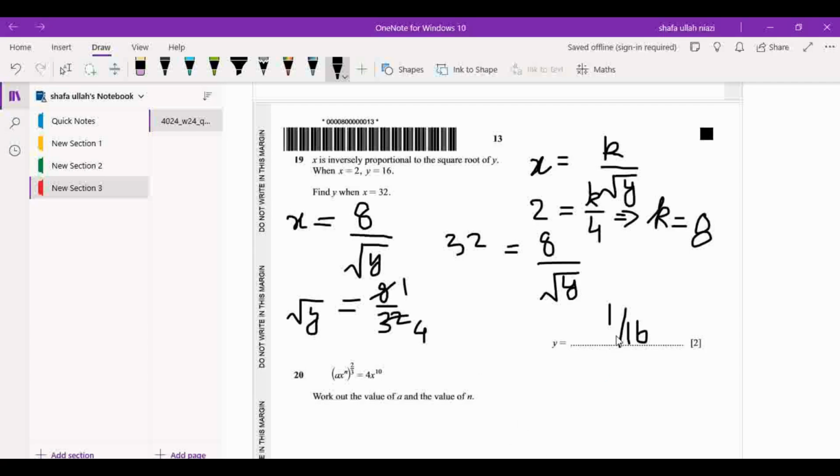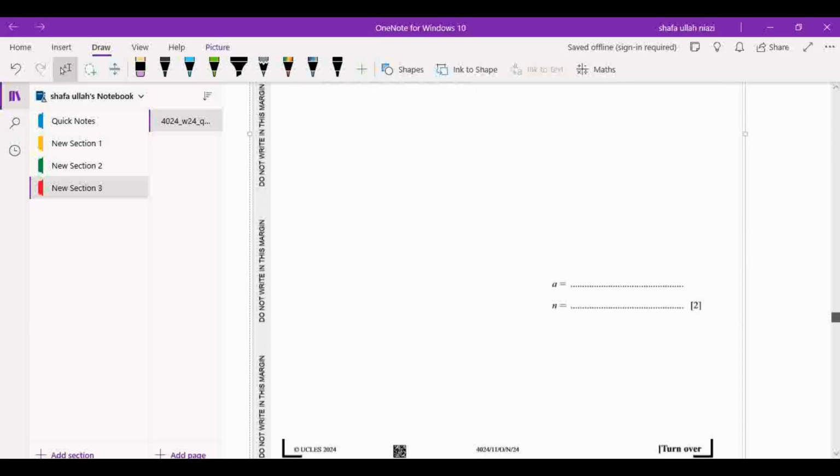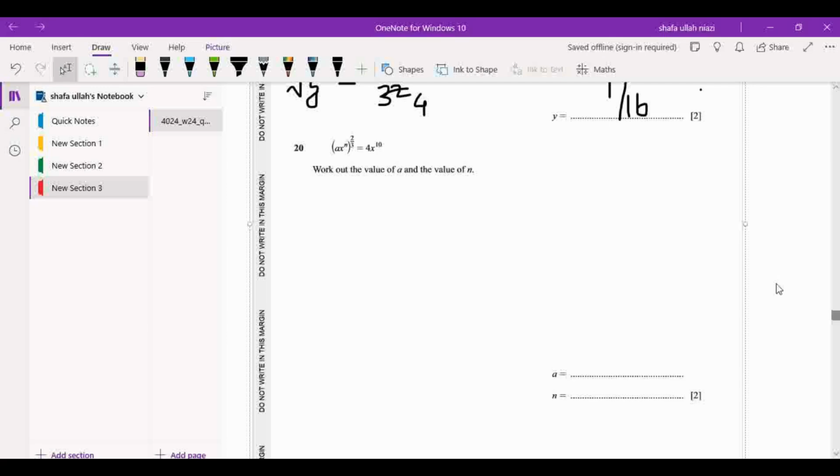Okay. Next question is about the indices: work out the value of a and the value of n.